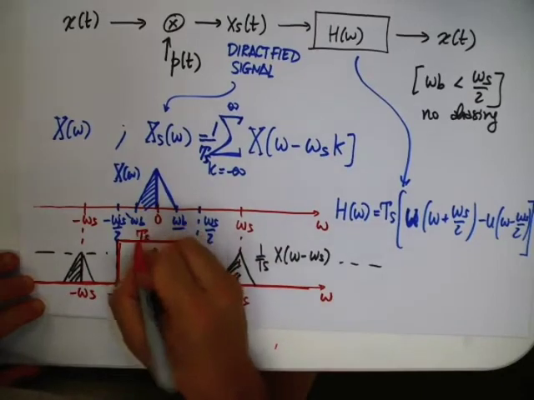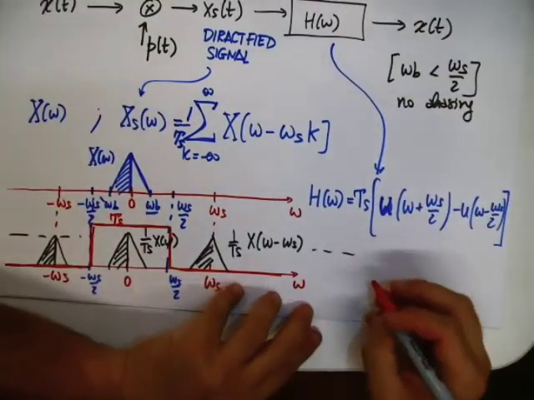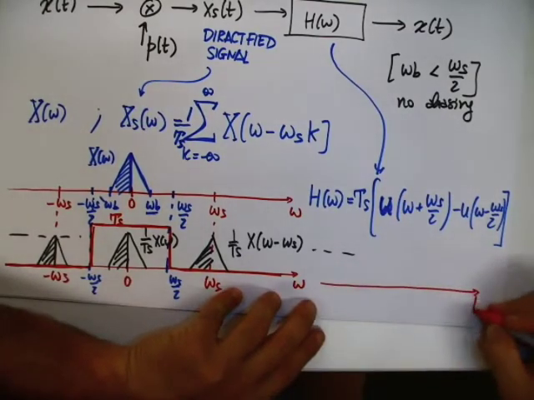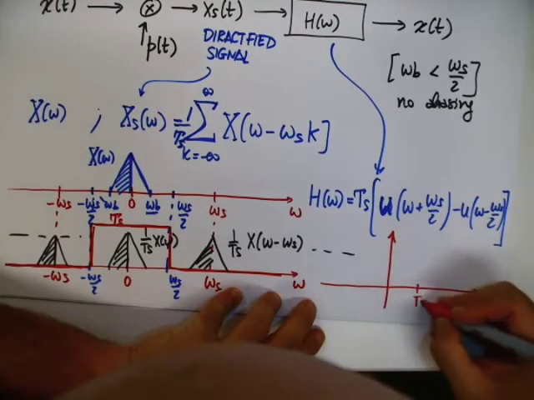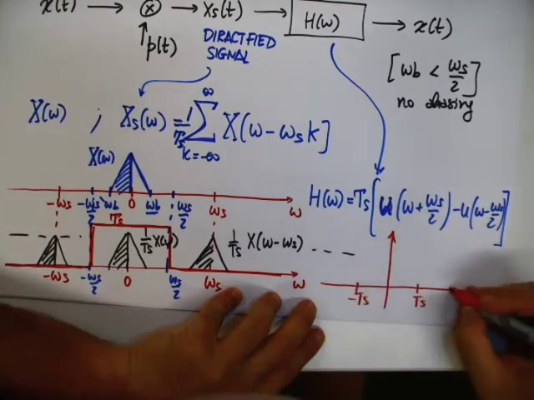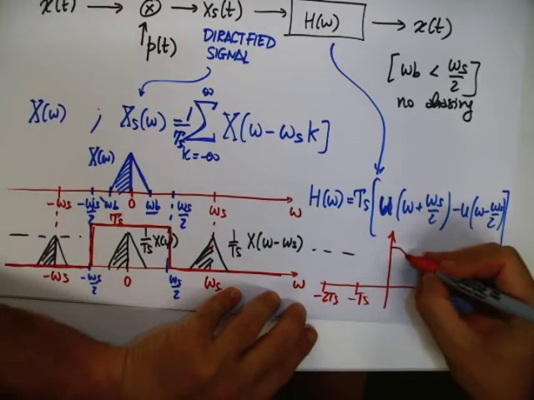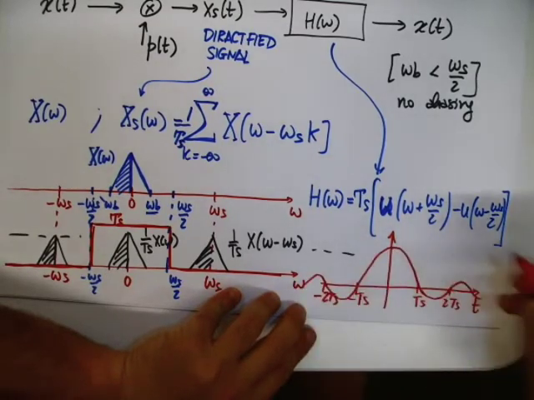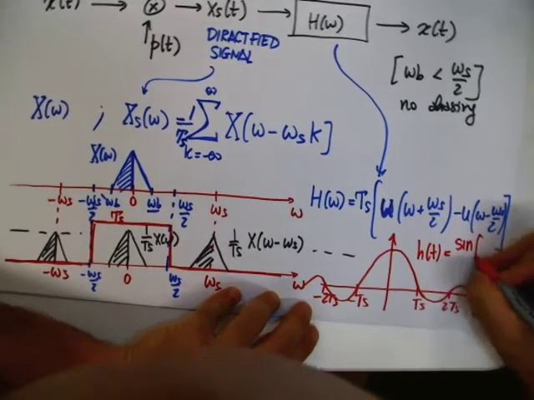With quantity ts, and in the time domain, the filter is given by the following function. This is h of t, the sinc function.